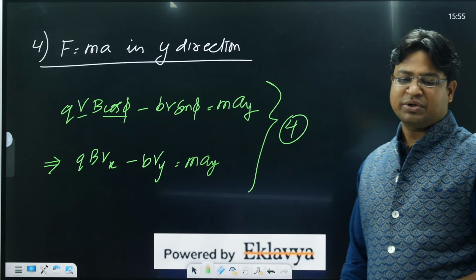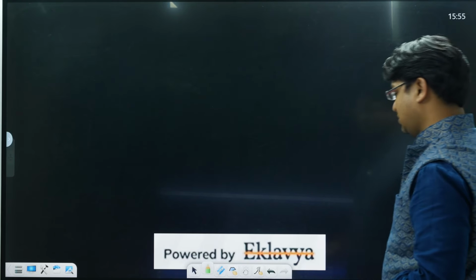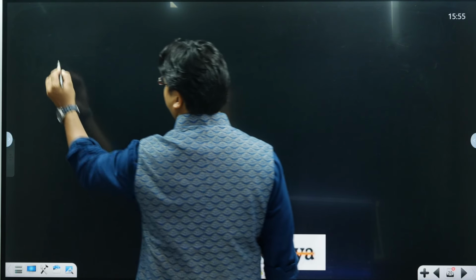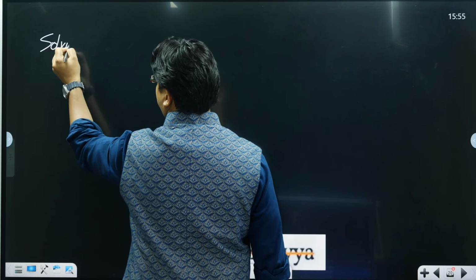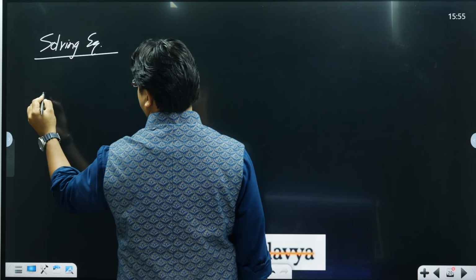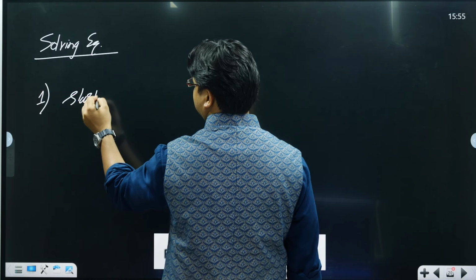So we have got 4 equations, and now we are going to start solving them. Let's see how to solve them. Start from equation 1.